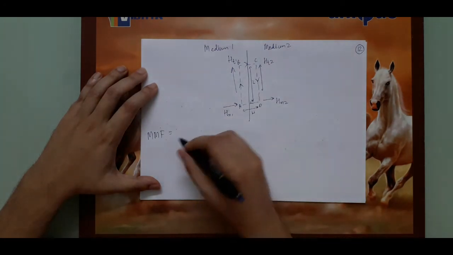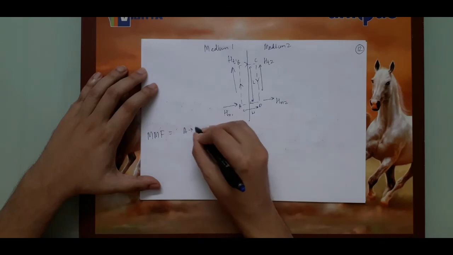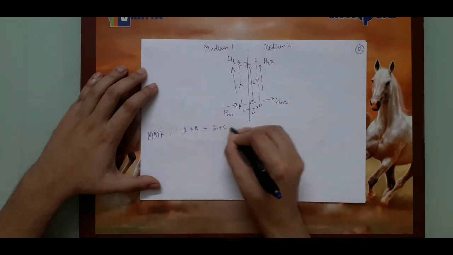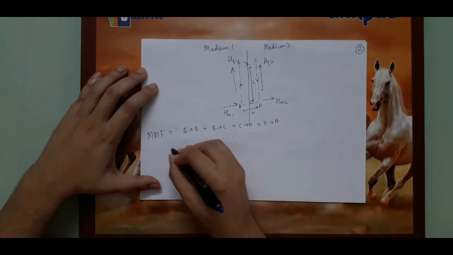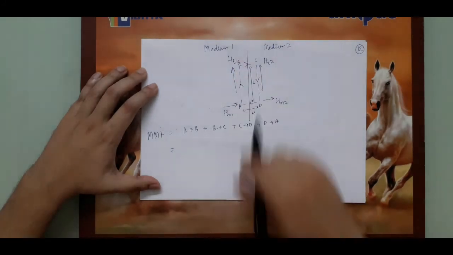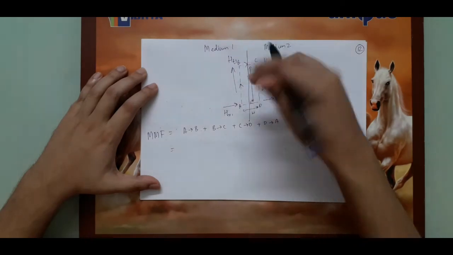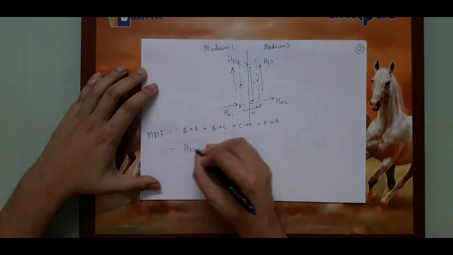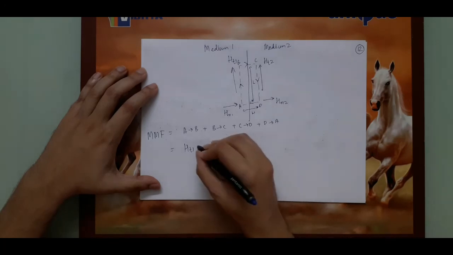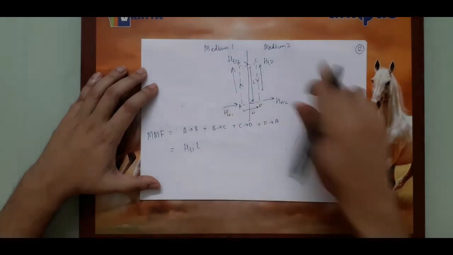It will be from A to B plus B to C plus C to D plus D to A. So let's write those down. A to B, the integral is HT1 times L. B to C will be what?